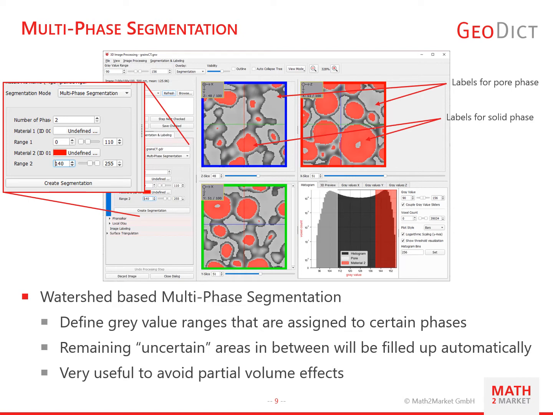But it is of course not part of the pore phase, but should be segmented as a solid. And this segmentation method also has an automatic filter to remove partial volume effects occurring at the boundaries of highly absorbent phases next to the pore space, for example.